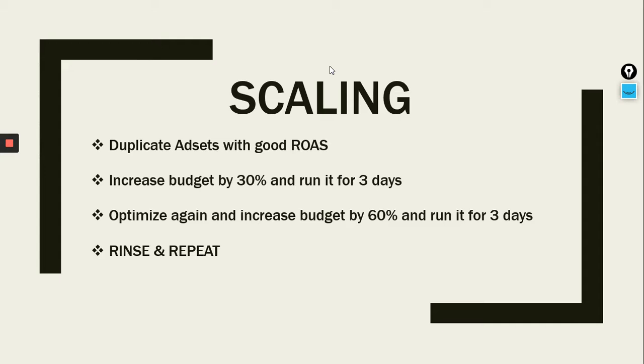You duplicate the ad sets with good ROAS, then I start increasing by 30% and run it for 3 days. Then I'll go back and optimize that ad set. If it's still profitable, then I'll bump it to 60% and run it for 3 days. And I'll keep doing the same thing over and over.